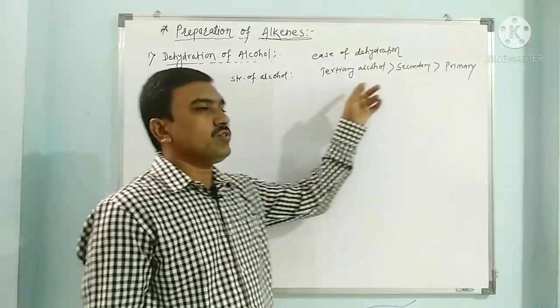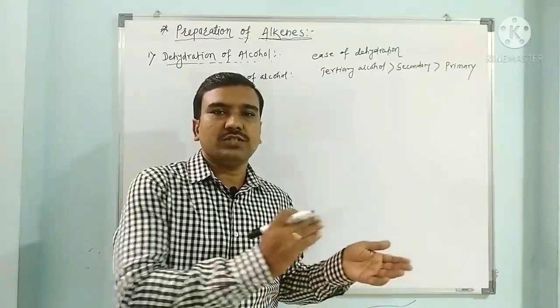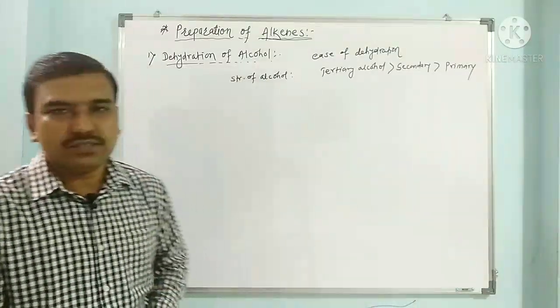This is called ease of dehydration, how fast it undergoes dehydration and gives alkene as a product.